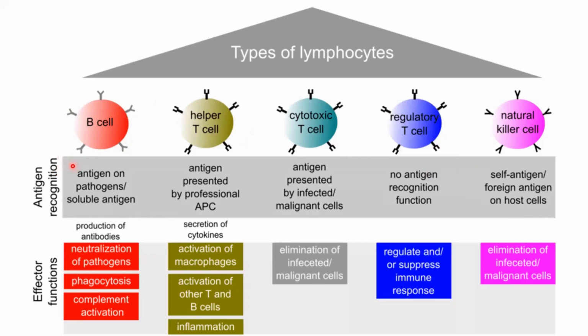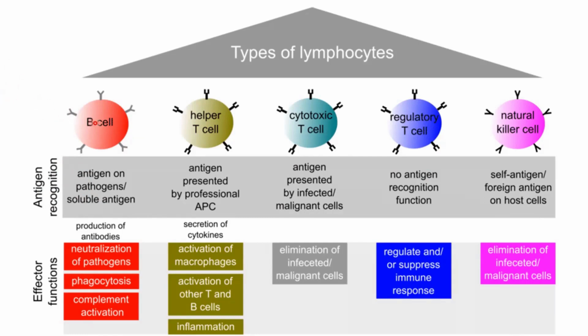They are going to recognize the antigens on pathogens or the soluble antigens. As I talked earlier, this B cell has antibodies attached to it, and this antibody is going to recognize that antigen on any bacteria or any pathogen, and it is going to bind with that.